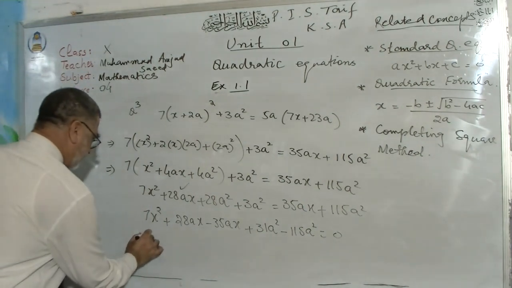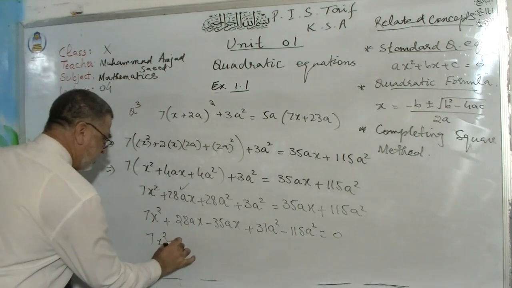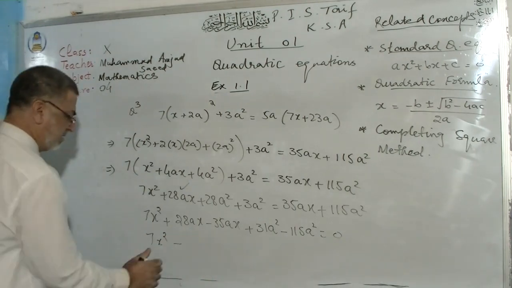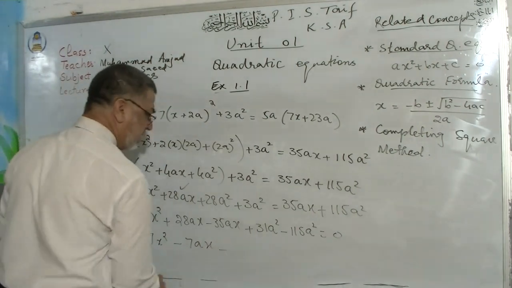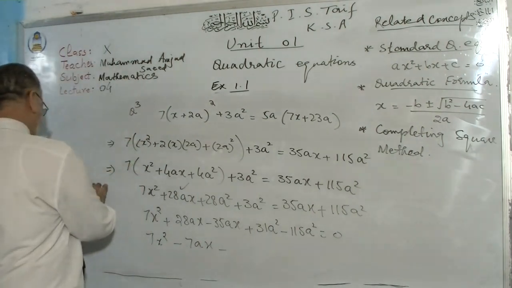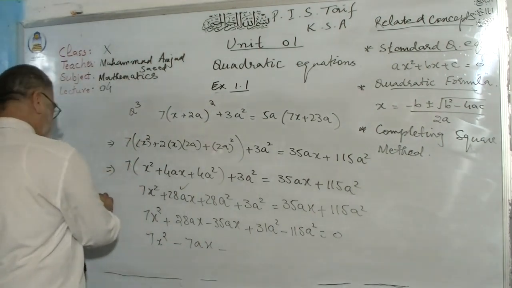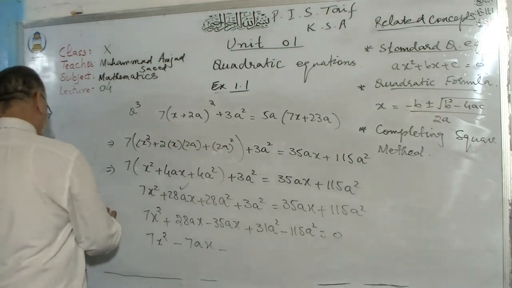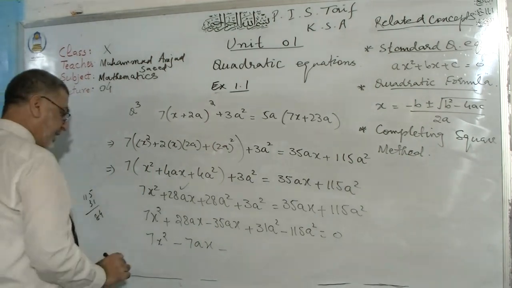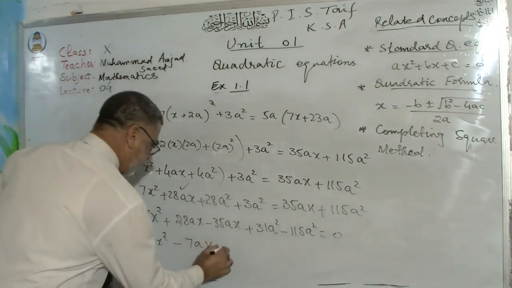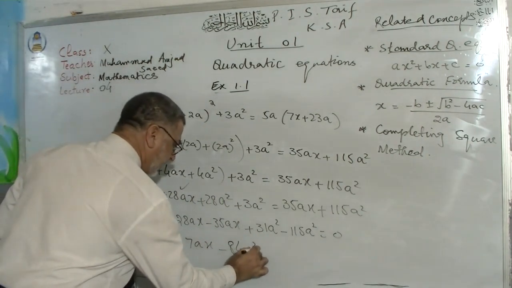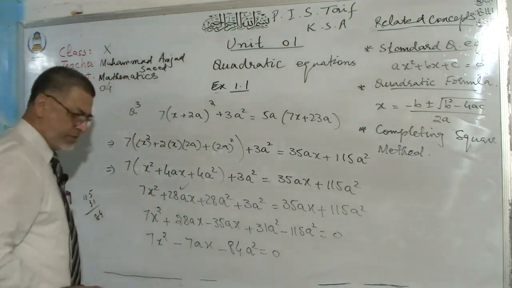So 7x square minus 7ax, and 31 minus 115 will be minus 84a square equal to 0.